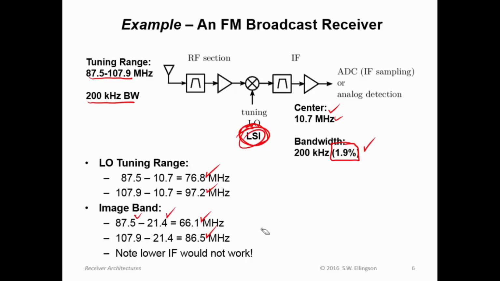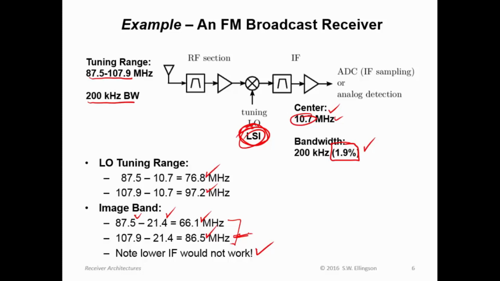Now note, from here we can see why 10.7 is about the lowest IF that we can imagine using for an FM broadcast receiver, at least for a single conversion superhet. And that's because if we made the IF lower than 10.7 megahertz, this would creep up and eventually intersect the RF band, which would make it impossible to separate the image band and the RF frequencies.